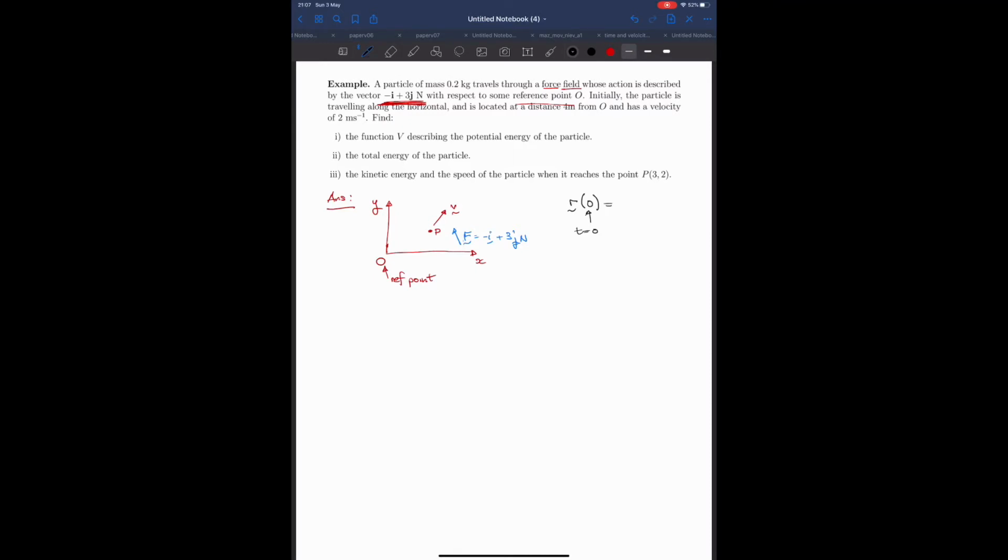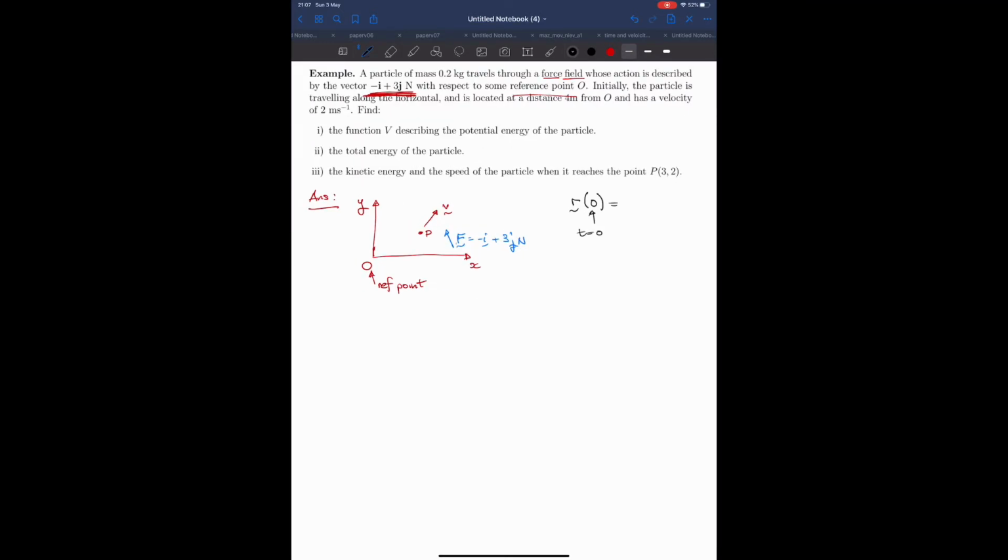Here we're told it's located at a distance 4 meters from O. I think it should be located at, or displaced, 4 meters from O, so at least we have an indication of the direction. So let's just for argument's sake, let this 4 be over here.